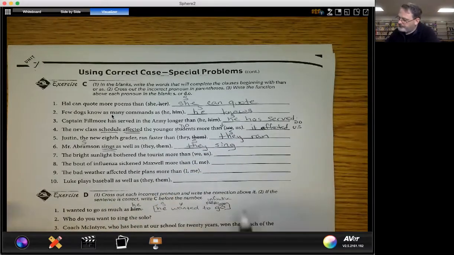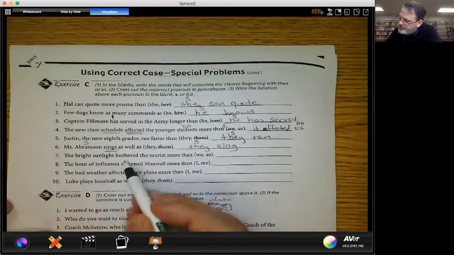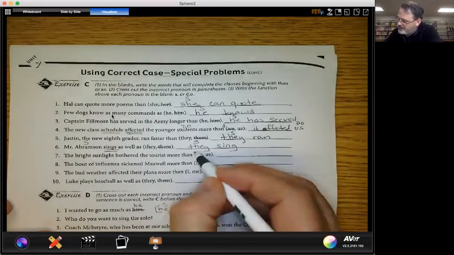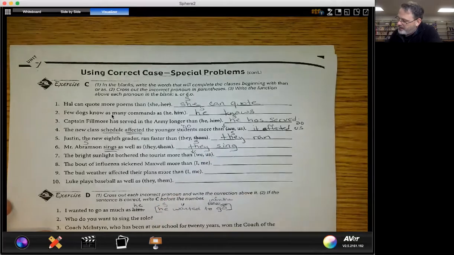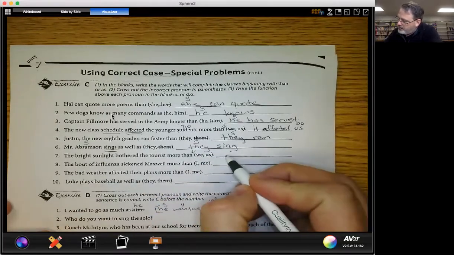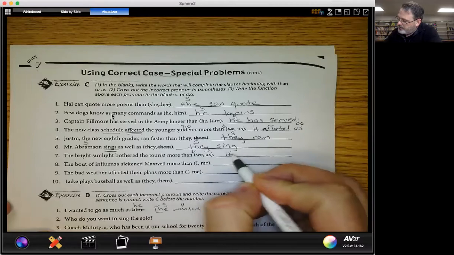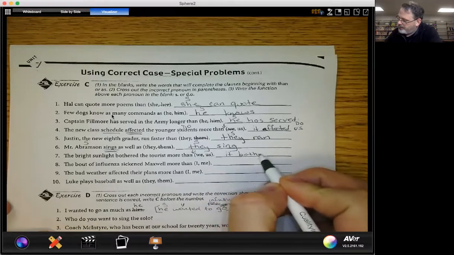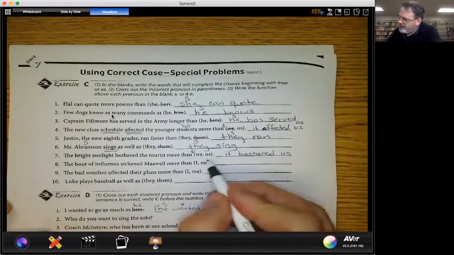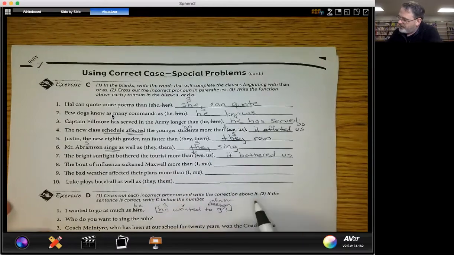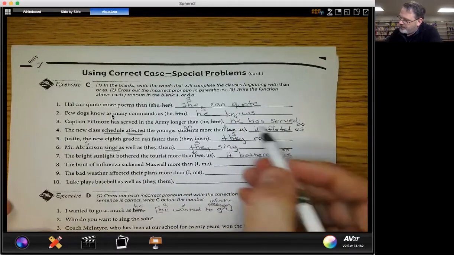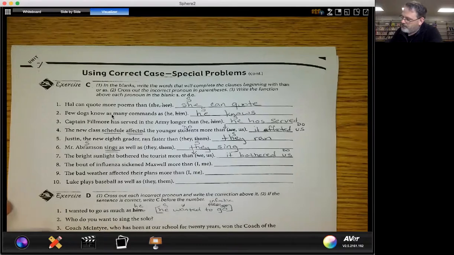The next one. The bright sunlight bothered the tourist more than something right goes right there. What is it? Go back. It's just like this one. It bothered us. Right? Objective case is necessary. So we write direct object above it. It was just like that one, just like number 4.